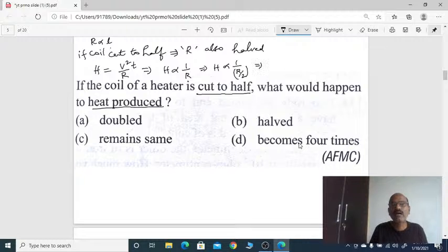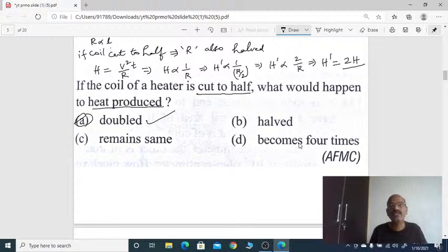Now the 2 will come up. So 2 by R, and 1 by R is nothing but H. So the new heat developed becomes twice, doubled. So option A is the correct answer.